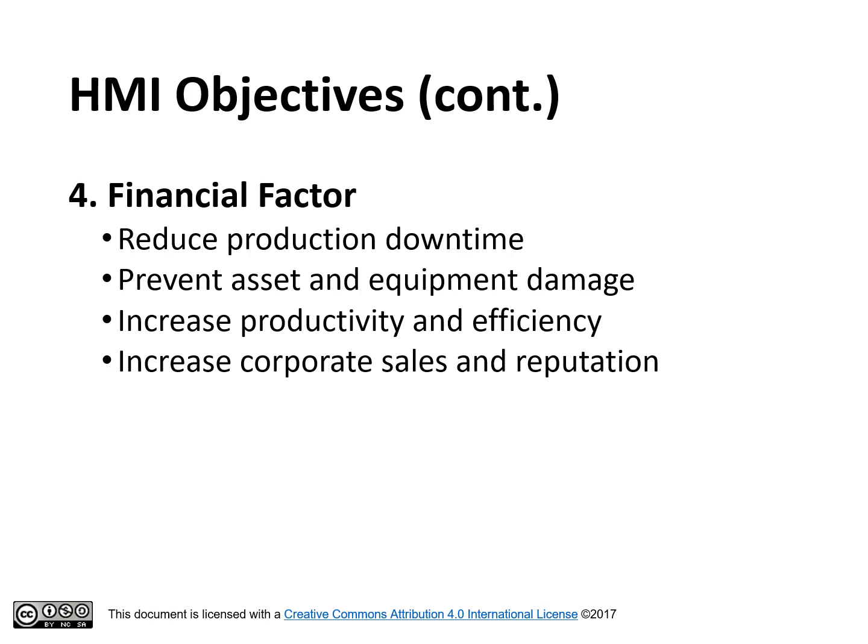The financial factor relates to the ability of HMI to bring about cost savings through increases in productivity, efficiency, sales, and corporate reputation. By enhancing automation and process monitoring with the use of an HMI, downtime and equipment failure could be reduced.